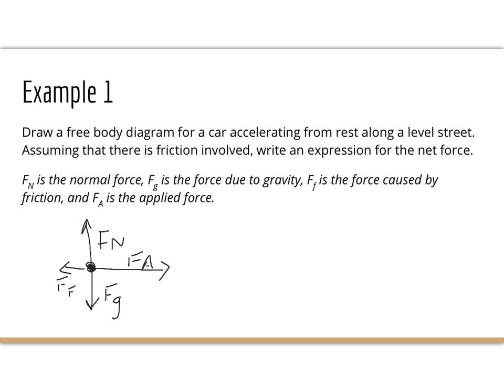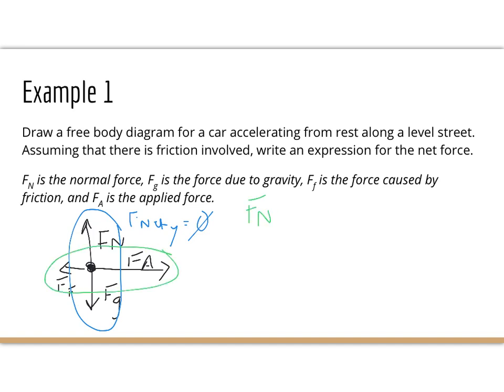So we have an applied force in one direction. It doesn't say which direction, so we usually just apply it this way. Moving right across our page, doesn't really matter how you've drawn it. Remember, F of n and F of g are balanced. So the F net in the y direction is 0. We don't consider it, okay? So I'm writing it here, but typically you don't have to. What we're looking at is the horizontal direction.